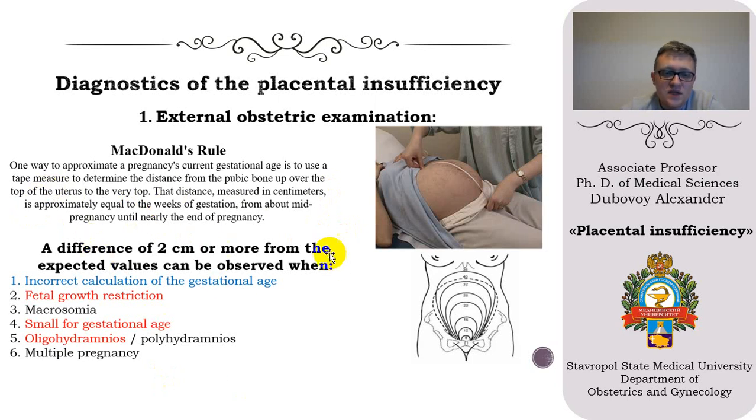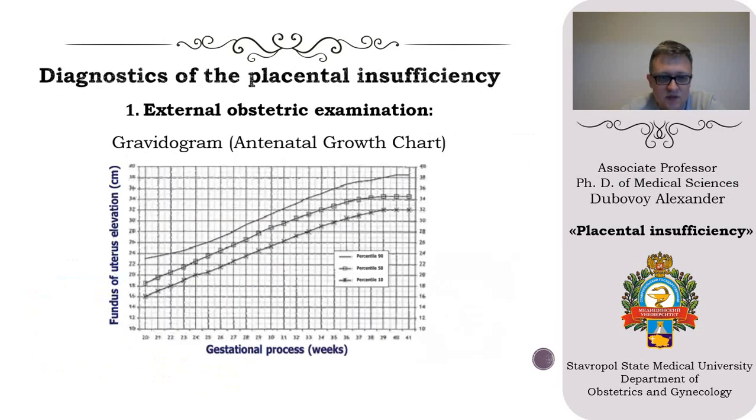A difference of 2 centimeters or more from the expected values can be observed with incorrect calculation of gestational age, and maybe in placental insufficiency, fetal growth restriction, small for gestational age, oligohydramnios, maybe macrosomia, polyhydramnios, multiple pregnancy, and other causes. Also, at each visit to the doctor, a gravidogram is built, and one can understand the norm or pathology of fetal weight gain.